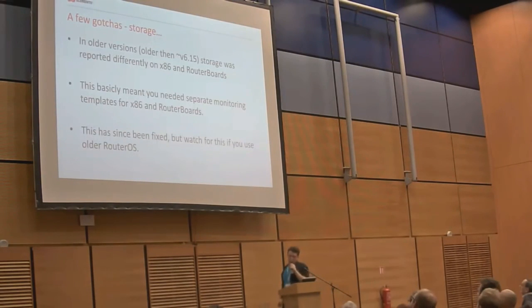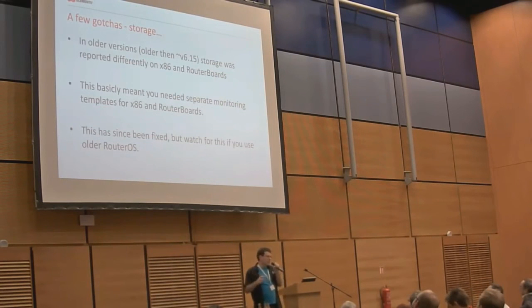And one important thing is storage. In older versions, older than around 6.15, storage was actually reported differently on x86 RouterOS and on RouterBoards. So this basically meant you needed separate monitoring templates for x86 and RouterBoards prior to this version.